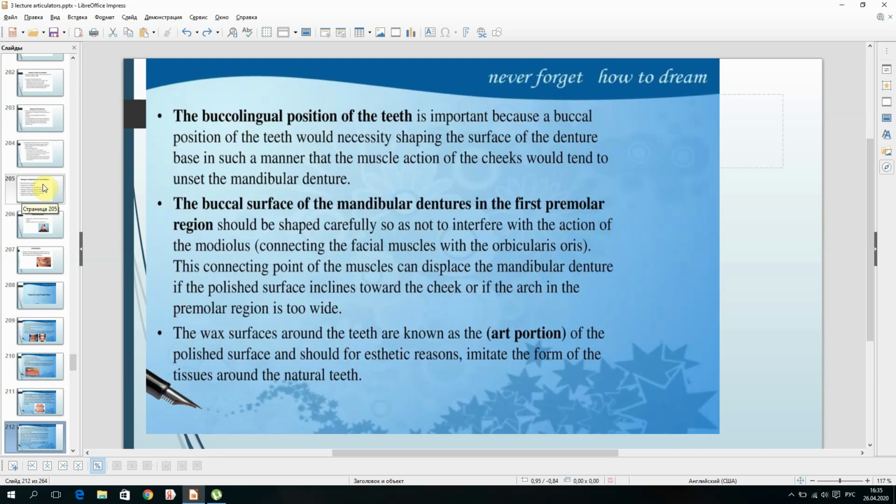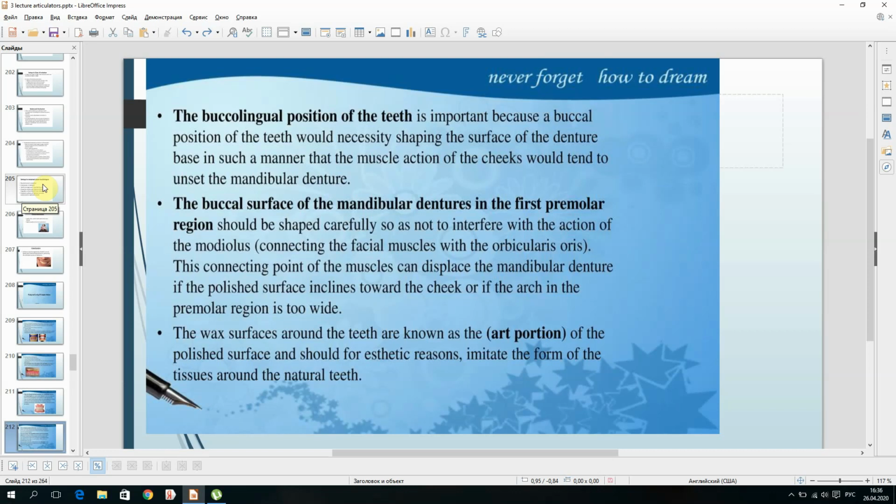The buccal surface of the mandibular denture in the first premolar region should be shaped carefully so as not to interfere with the action of the modiolus connecting the facial muscles with the orbicularis oris. This connecting point of the muscles can displace the mandibular denture if the polished surface inclines towards the cheek or if the arch in the premolar region is too wide.